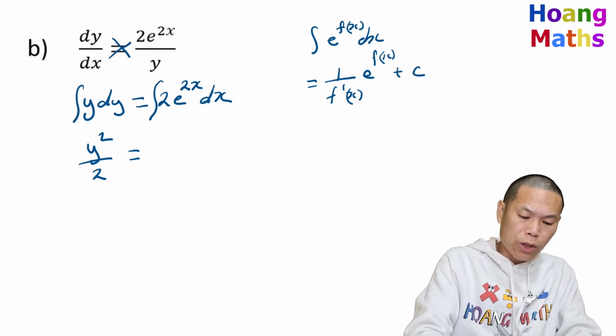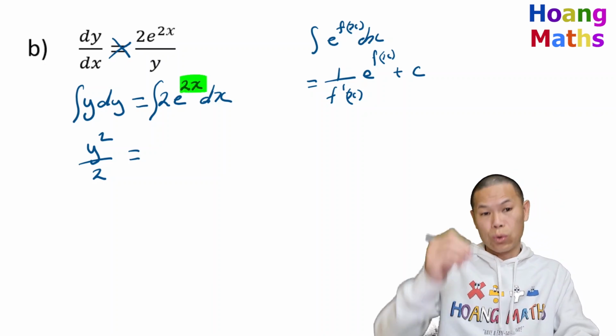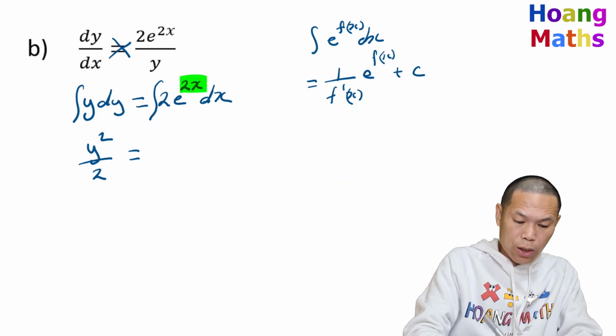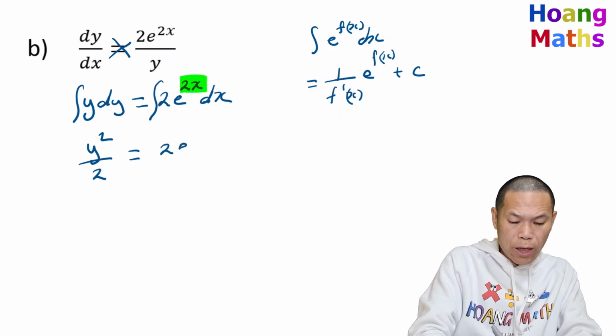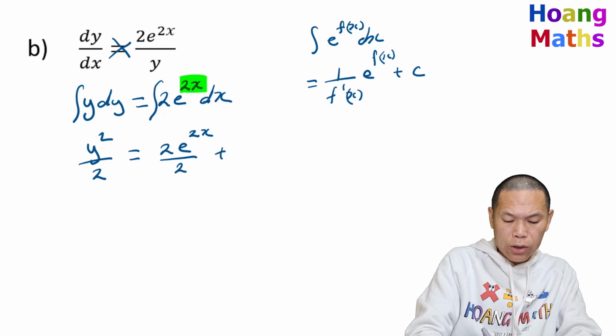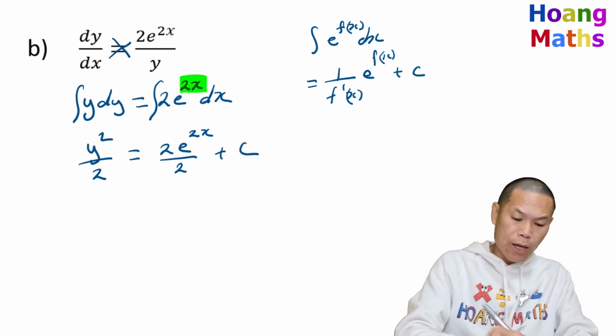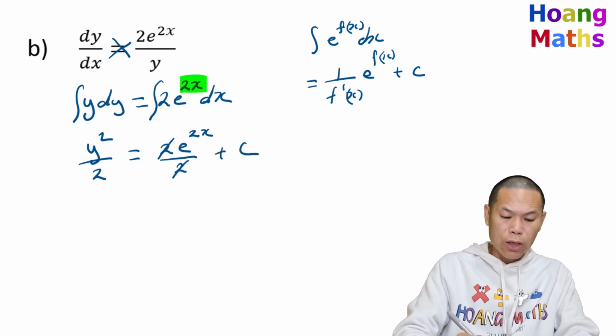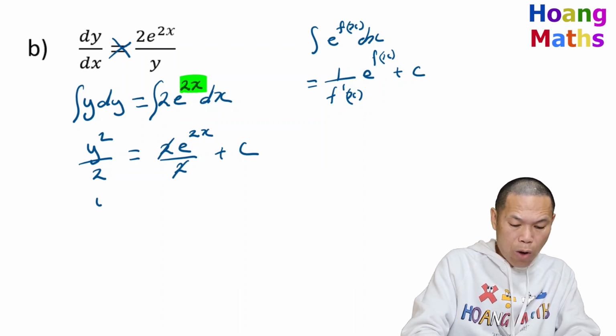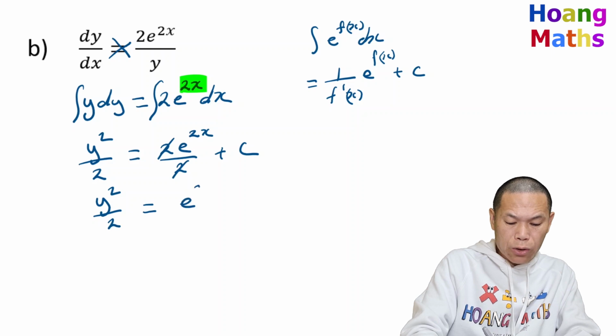Now we differentiate this, which gives me 2, so therefore we divide by 2. So that is 2e to the 2x divided by 2. We add a constant c, don't forget. And these 2 cancel out. So y squared over 2 gives me e to the 2x plus c.